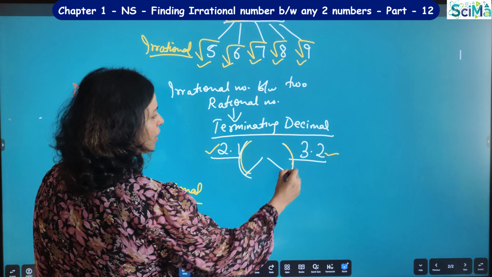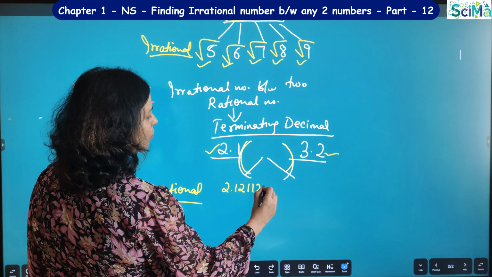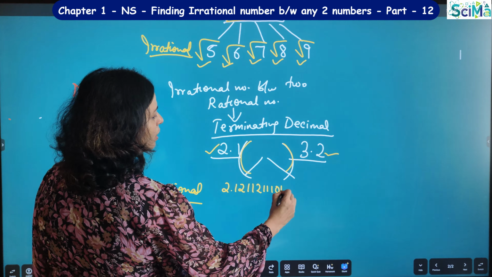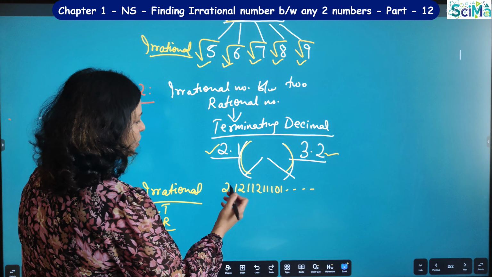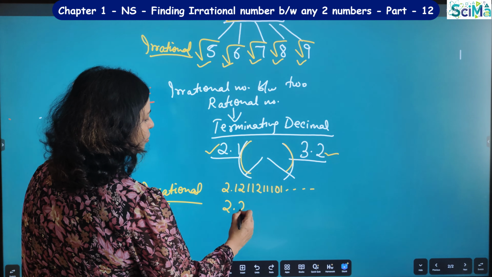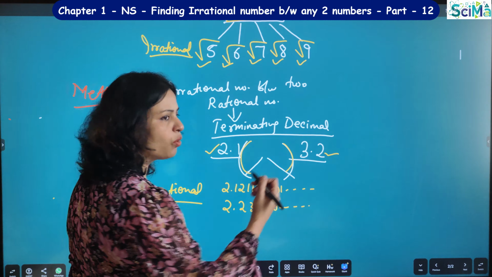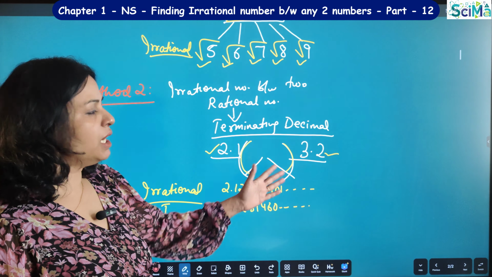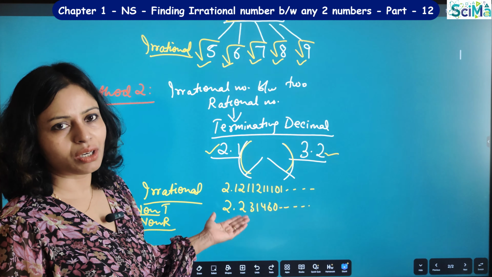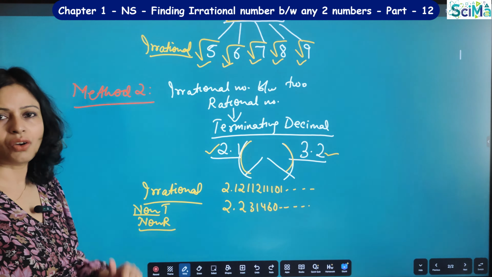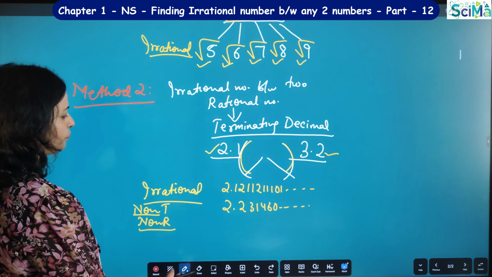In between, we can write a non-terminating number like 2.1211211101, which is non-terminating and non-repeating. Similarly, you can write one more number, 2.23146, like that, and it will go on. So between terminating decimals, you can write infinite irrational numbers which are non-terminating and non-repeating. This is the second method of finding irrational numbers.